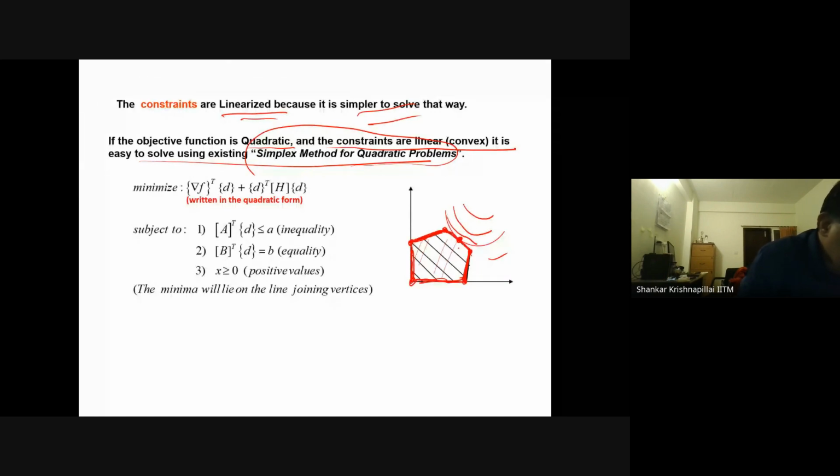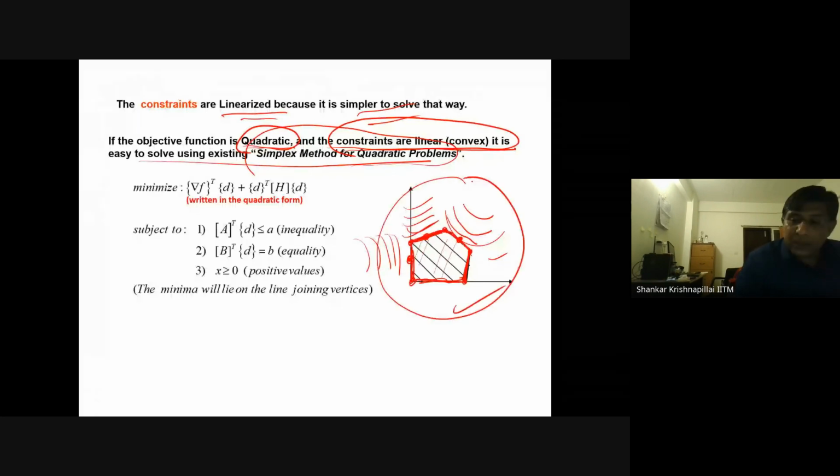Sometimes the contour may come like this and hit here, sometimes it may come like this and hit here. This is relatively straightforward and easy to implement as a computer program. That is why the objective function is kept quadratic and the constraints are kept linear, because you can use this method.